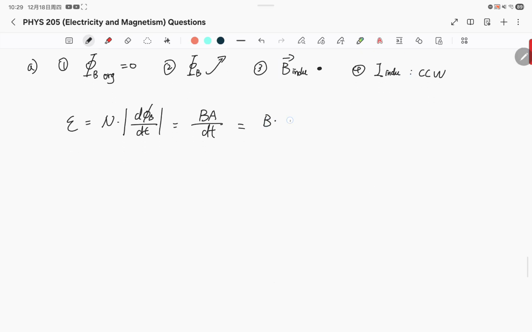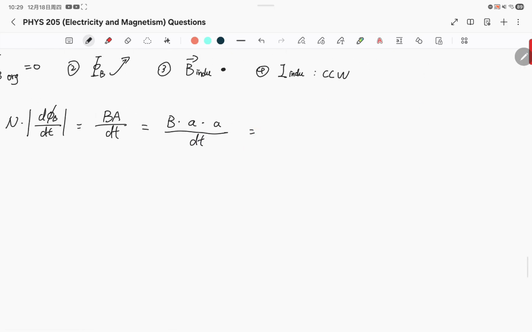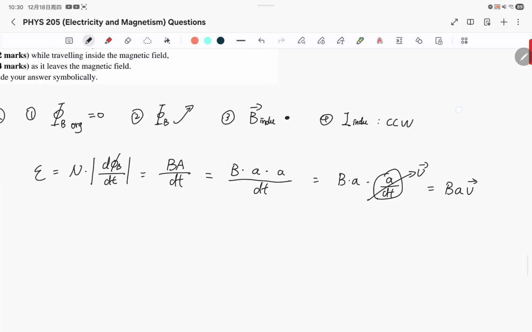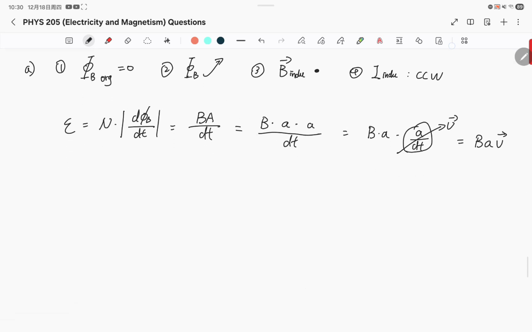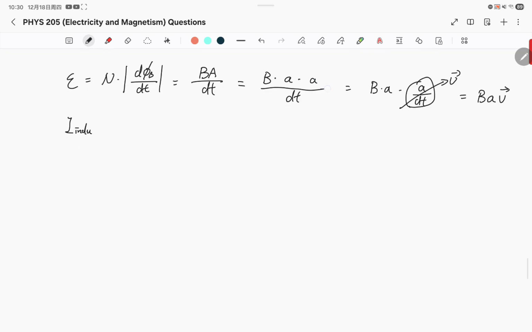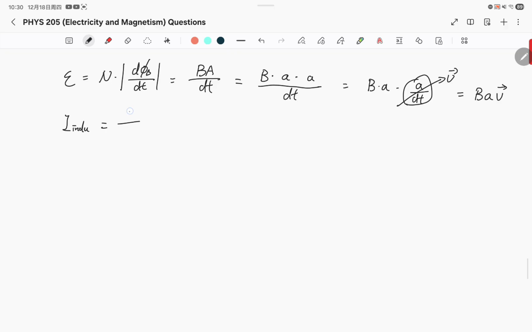So it's B times A over dt. And what is this thing? This is our velocity, BAV. This is the induced EMF. So current induced is just basically EMF over resistance.